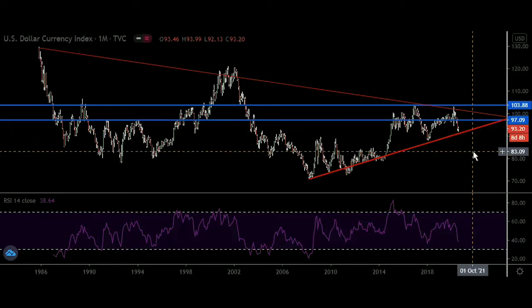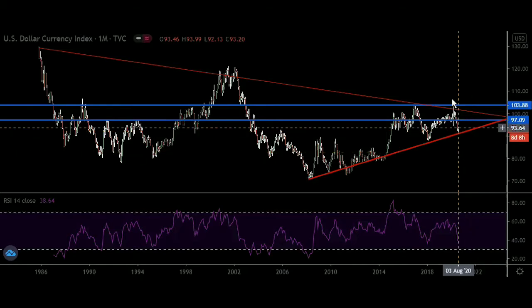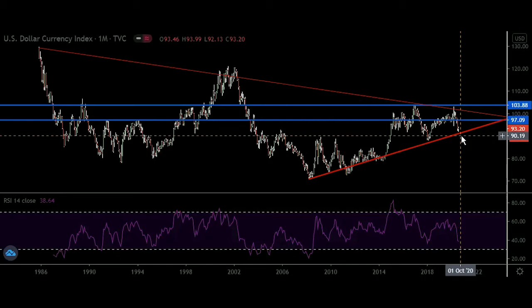So when dollar index comes down, our Indian rupee gets appreciated and that is good for the economy. And when dollar index gets strong, then our currency, that is Indian rupee, gets depreciated. It gets weakened and that is bad for the economy, correct?